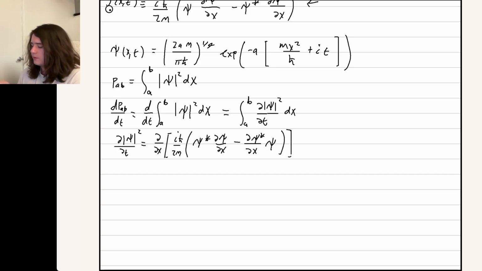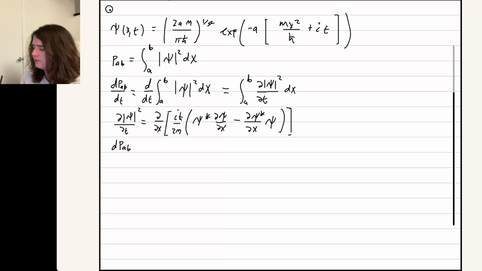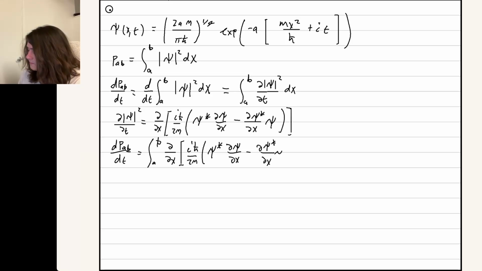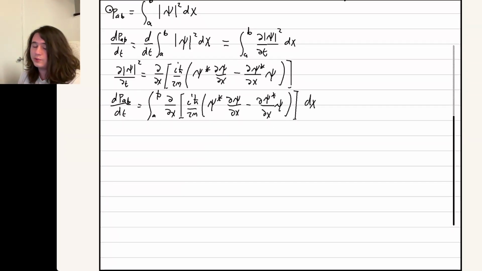Just plugging it into our integral, the time derivative of the probability now looks like the integral from A to B of the partial derivative of this junk with respect to position, integrated over position. What's cool is that now we have a partial derivative of the stuff in our integral and we're integrating over it.